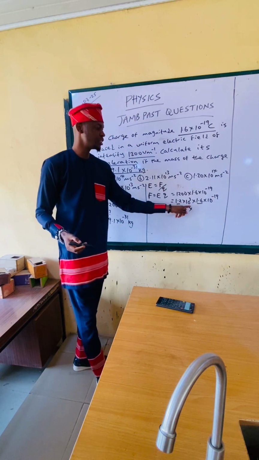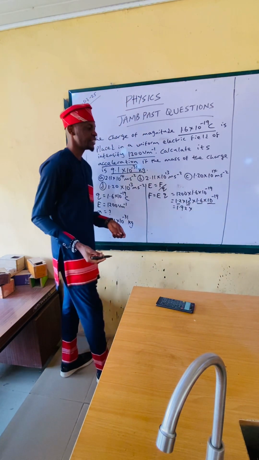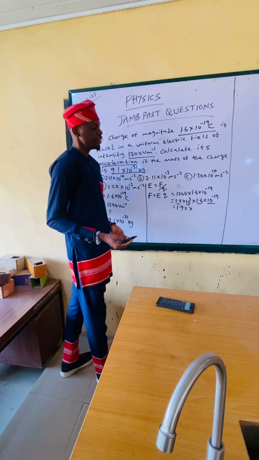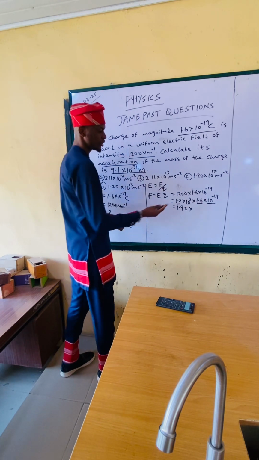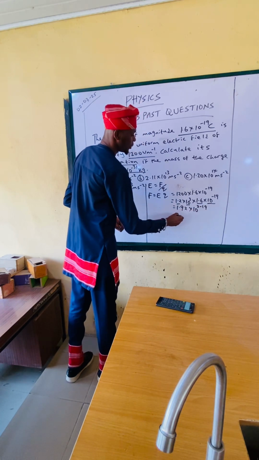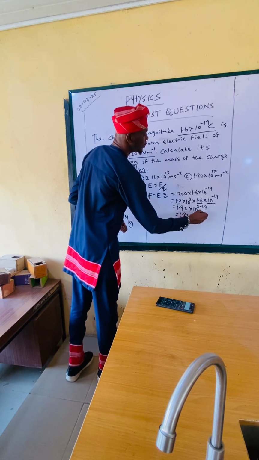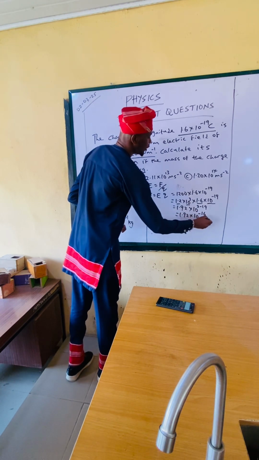Then I will use indices: 10 raised to power 3 times 10 raised to minus 19. Using the multiplication law of indices, this will be 10 raised to power 3 minus 19. That would be 1.92 times 10 raised to minus 16 Newton.